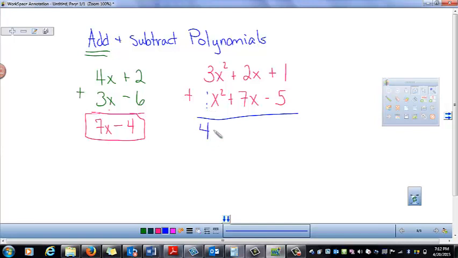So it means I have 4x squared, plus 2 plus 7 is 9x, and then 1 minus 5, or 1 plus negative 5 gives me a negative 4 because 5 is bigger. Now here I have an x squared and an x. These are different, so I'm done because everything is different.